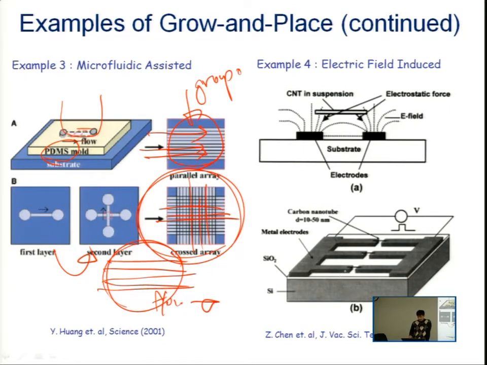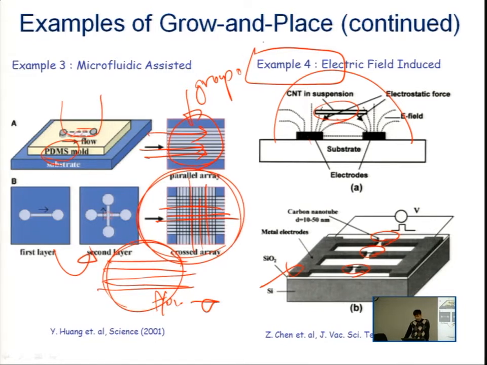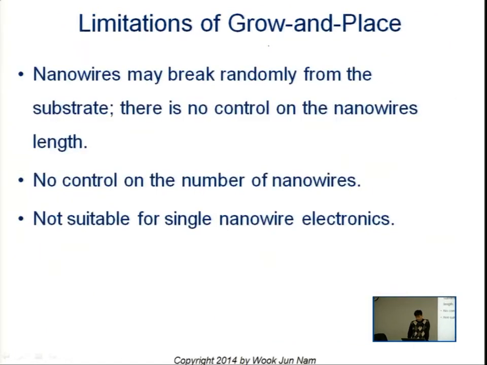Another method uses an electric field. Apply the solution onto the already made electrodes, and then applying the electric field positions the grown nanowires between the two electrodes. This example number 4 is a much better way compared to the other three methods, but it is still very hard to make devices in high throughput this way.